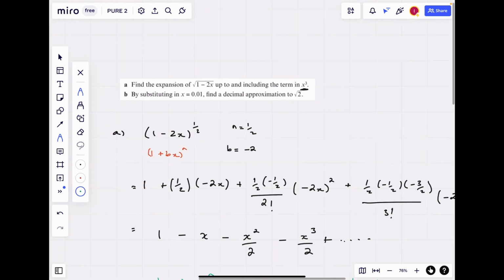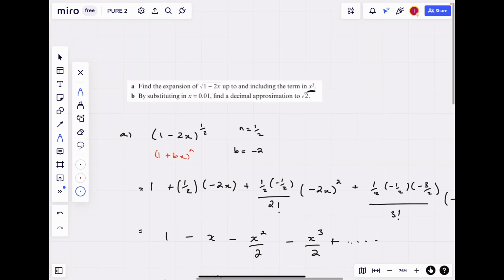That's part A done. The next part says, by substituting in x equals 0.01, find a decimal approximation to root 2. Right, here's what you're going to do. You are going to substitute 0.01 into your expansion, and you're going to substitute it into your original function.